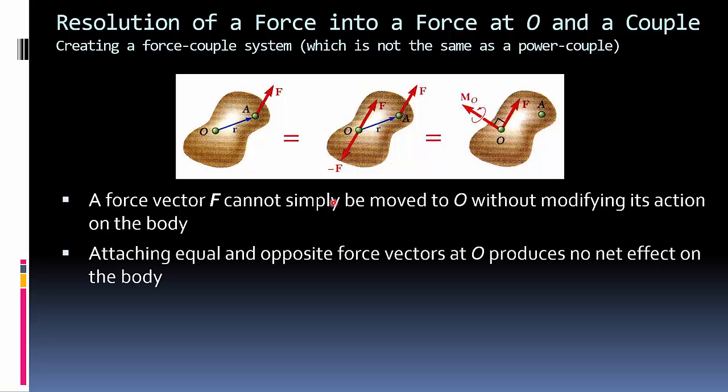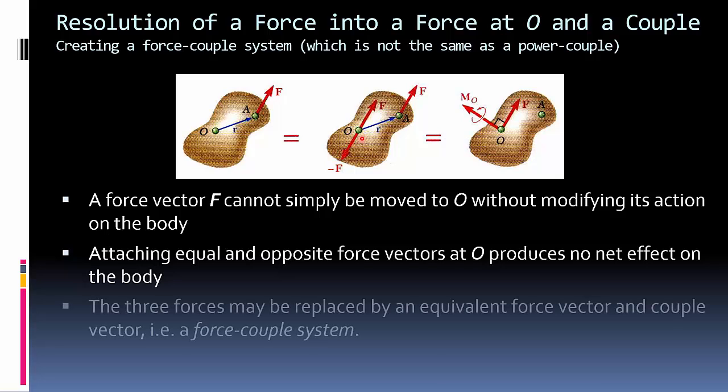So we can't just arbitrarily move it without modifying its action on the body. What are we going to do? Here at this point, let's attach a force and an equal and opposite force. It's like add one, subtract one. It has no effect on the body, so nothing's changed. But now you can look at this and recognize that these two forces make a couple, with a moment equal to the force times the distance.